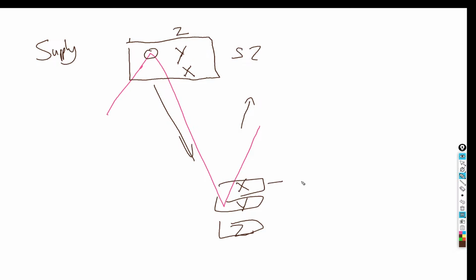This is sometimes known as a test. This is sometimes known as a double. Here's a double bottom. And this is sometimes known as a breakout failure or a spring.